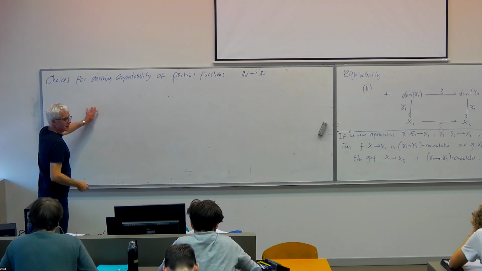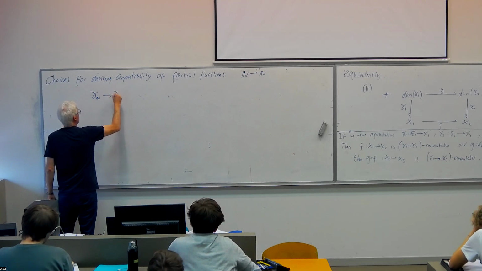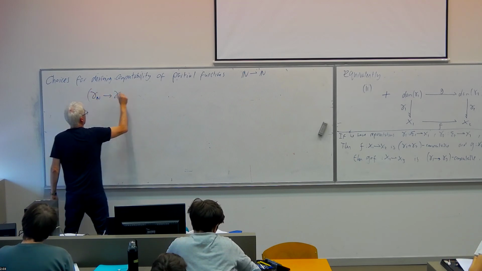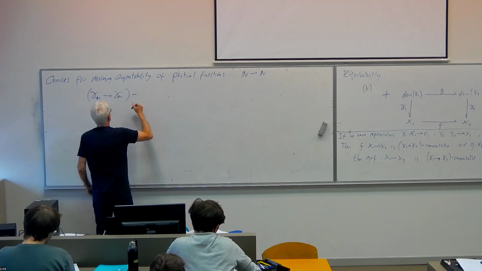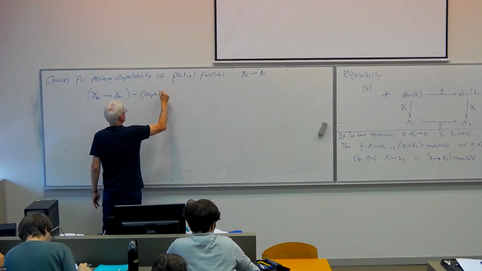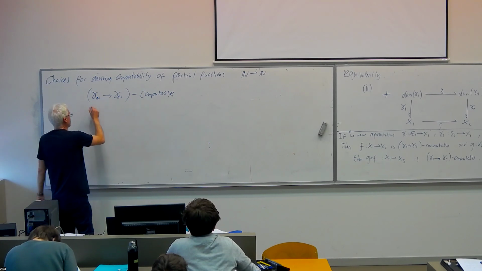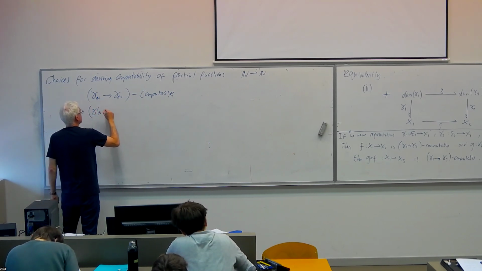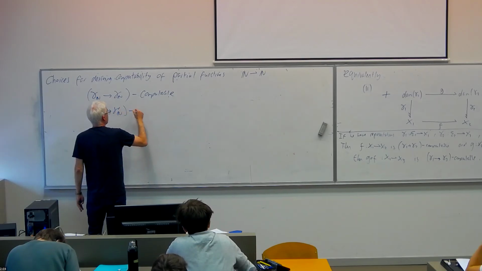The one we took as our definition, we can now rephrase as using our canonical representation. We had the representation gamma n, so we could take gamma n arrows gamma n computable. Or we could use the second definition, one that doesn't allow leading zeros.